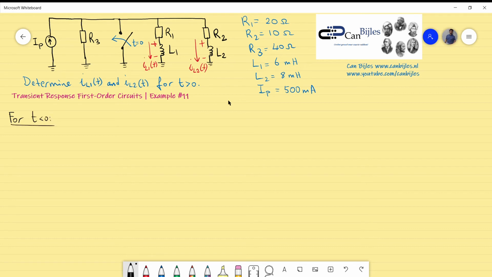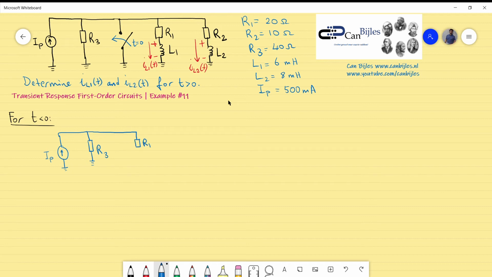If I redraw the circuit for this condition, we have the independent current source IP, which is connected in parallel with R3, and that will be connected to R1.